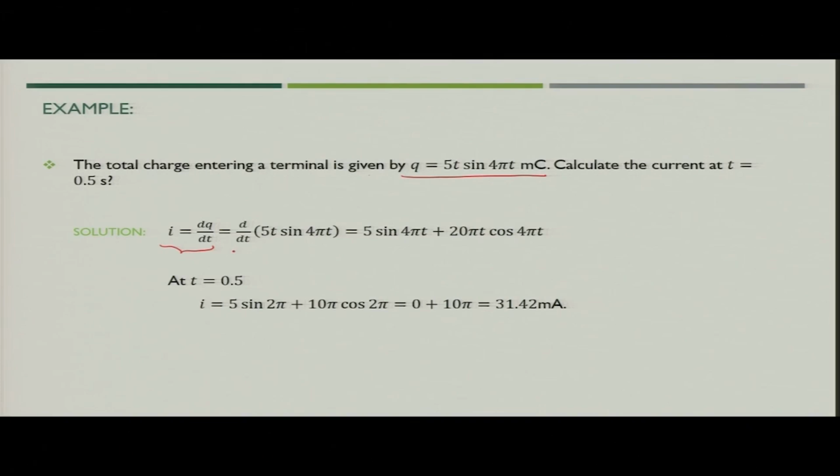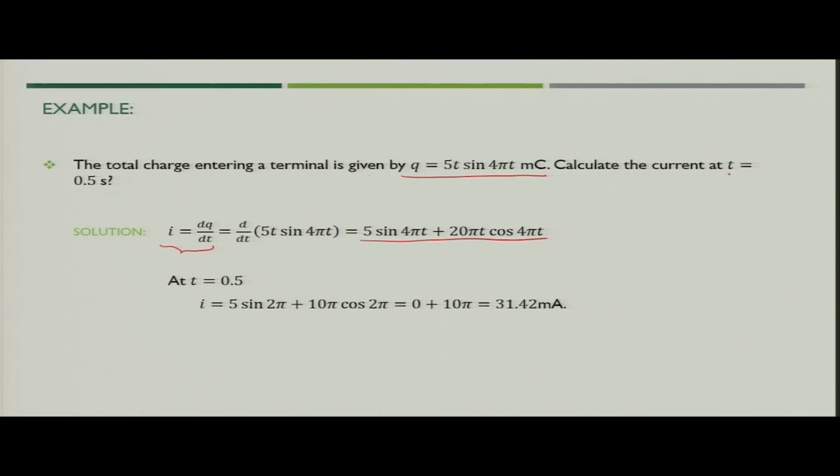So, you get d by dt of 5t sin 4 pi t, which is simply 5 sin 4 pi t plus 20 pi t cos 4 pi t, the derivative of the charge given in the question.